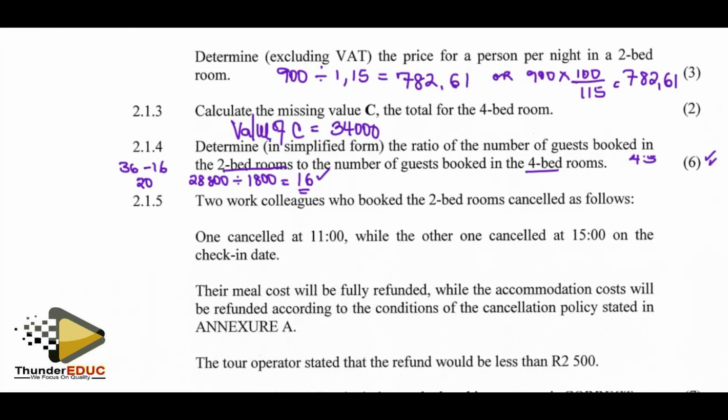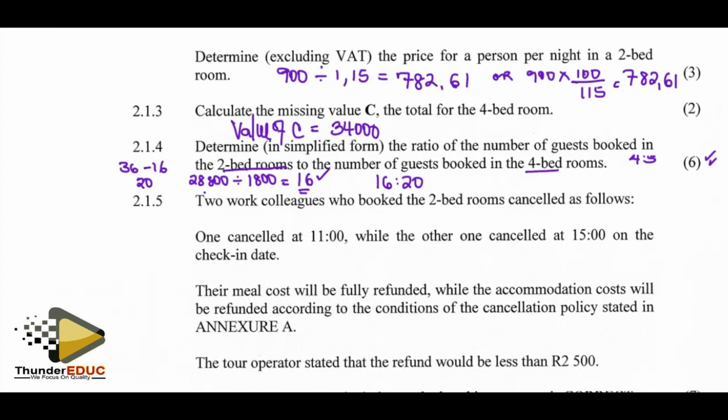So that means we need to do 16 is to 20. Where is the 20 coming from? These are the number of people in the 4-bedroom. How did we get them? We first got the one in the 2-bedroom, and the remaining have to be in the 4-bedroom, because they booked 2 types, two bedrooms and four bedrooms.